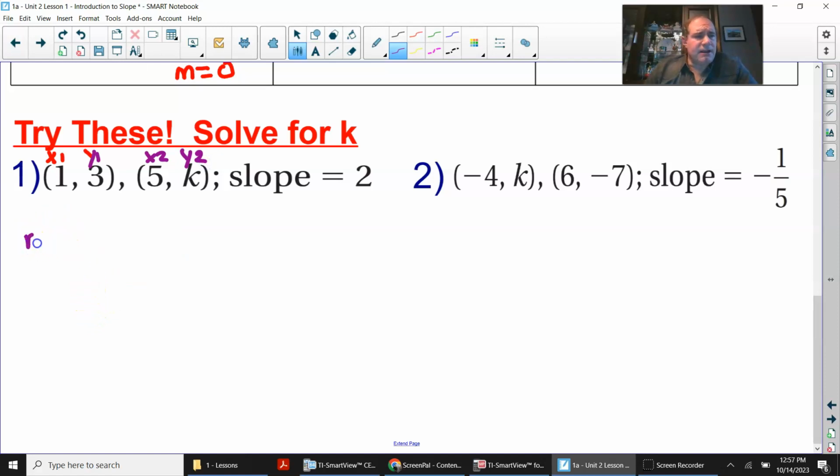And then you have m equals, and we're going to have k, because that's the y2 at this point, 3 minus 3, and then 5 minus 1. They say that the slope is 2, so m equals 2. So we're just going to use a little bit of substitution in here. Instead of m, we're going to put 2. And then we're going to put k minus 3 over 5 minus 1.